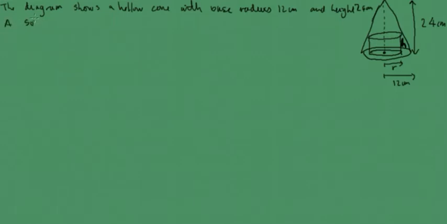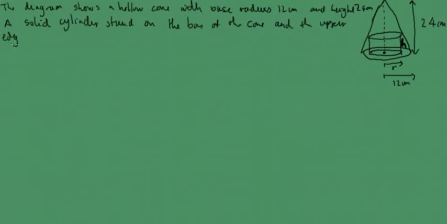A solid cylinder stands on the base of the cone, and the upper edge touches the inside of the cone.